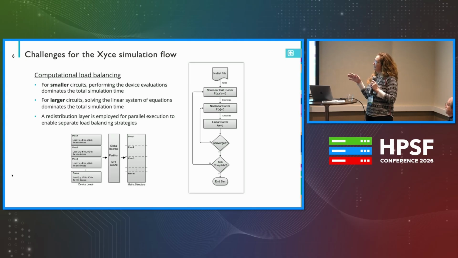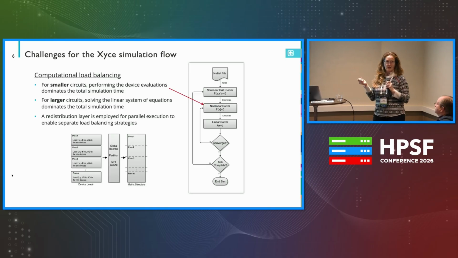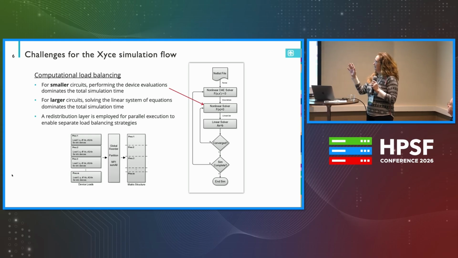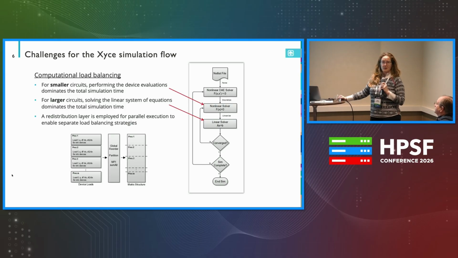For smaller circuits, you're going to find that performing these device evaluations dominates the simulation time. That's where the cost is. The linear solve is small and very cheap. But for larger circuits, we find that the linear system of equations dominates the total simulation time.